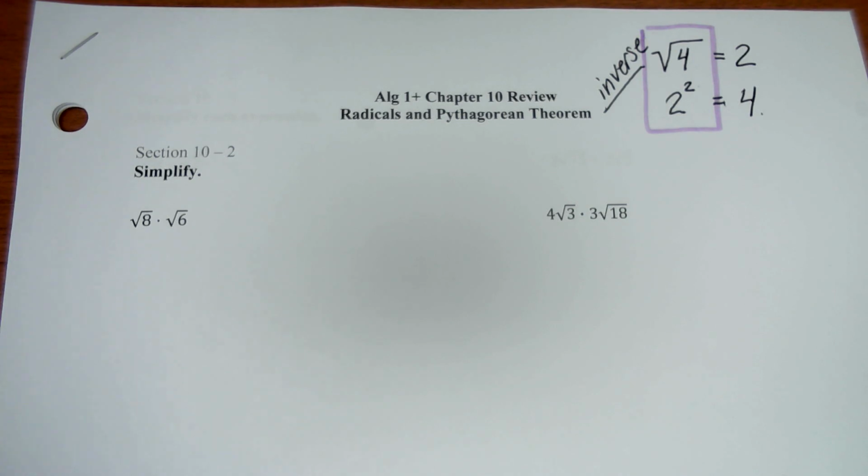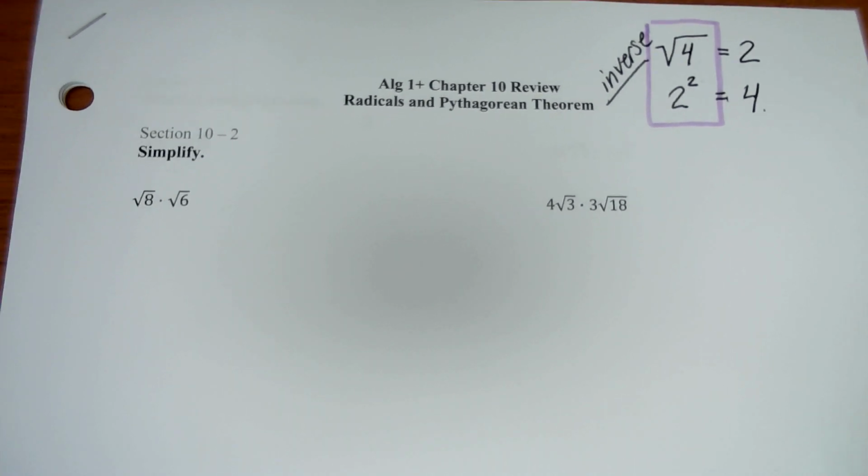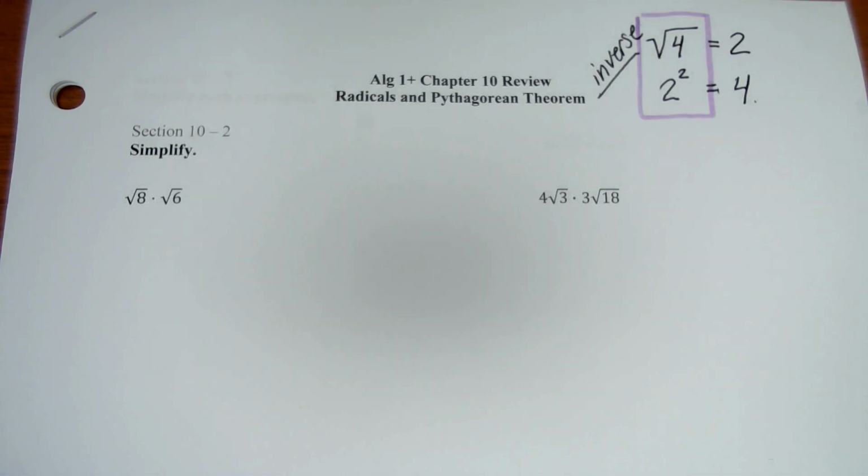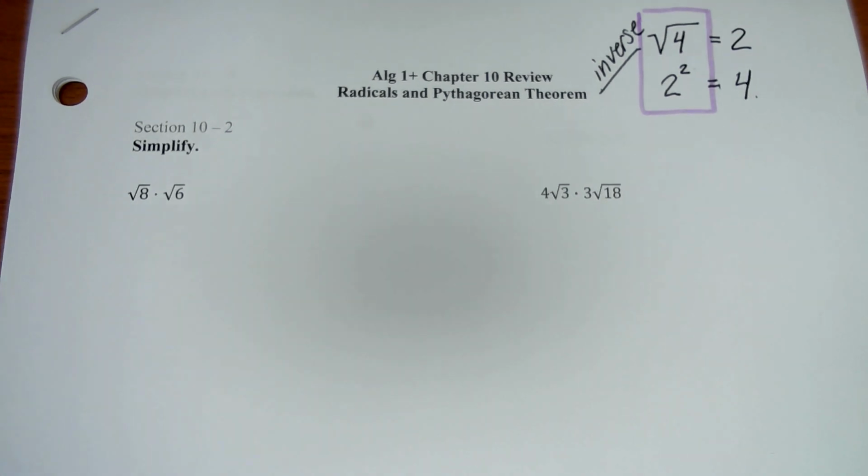Because we're on the hunt for perfect squares, it's important to know what our perfect squares are. The first thing I do when my test or homework assignment is handed out is write my perfect squares on my paper, just so I have that reference list to look back at.